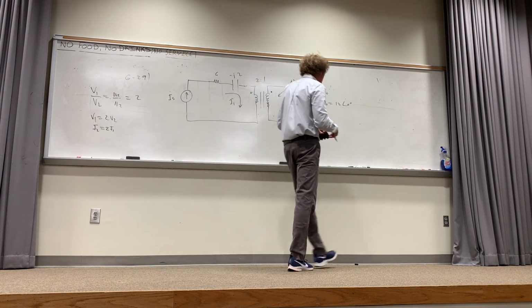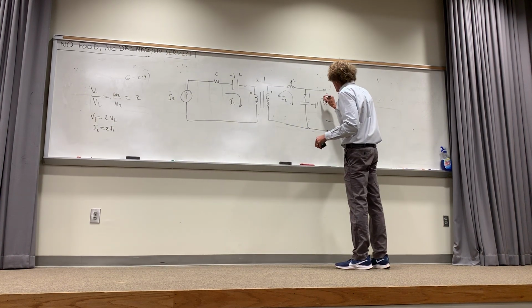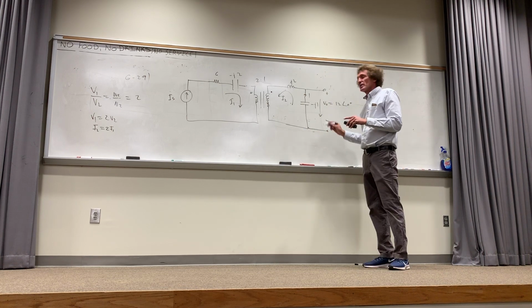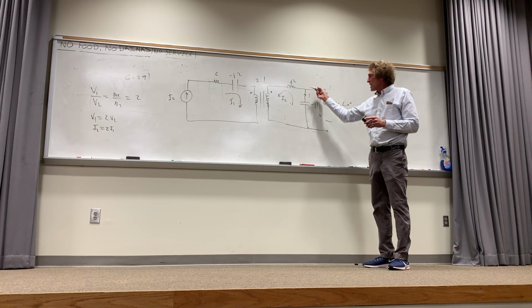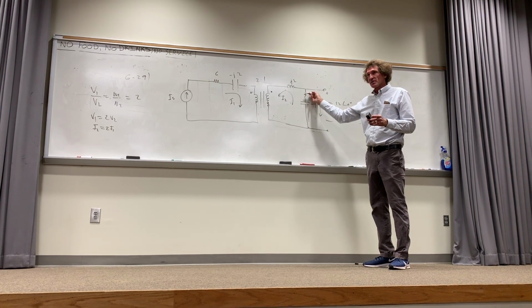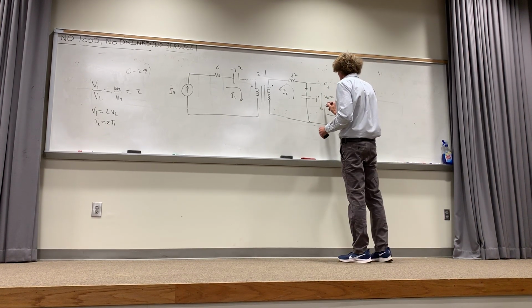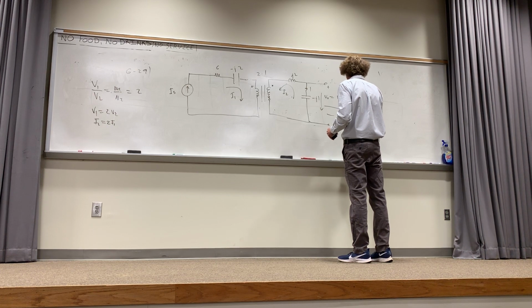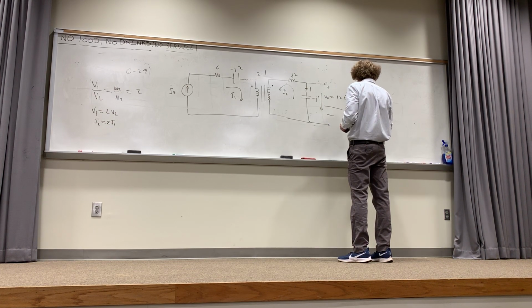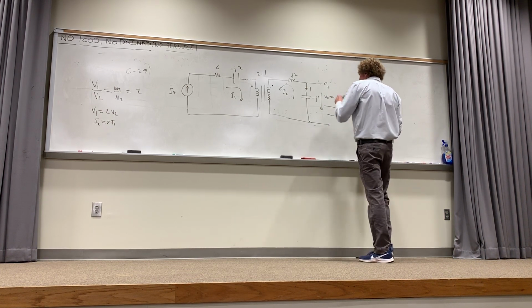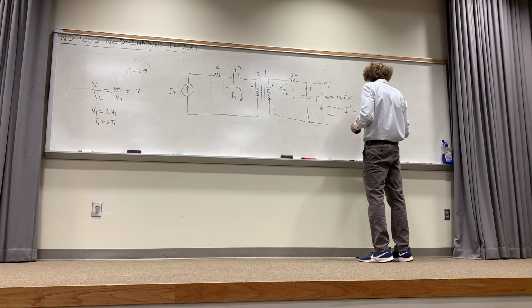Now, coming over here, you all see that we can get the current flowing here. That is not I2, but can we get that current? We've got a voltage across an impedance. What is this current right here? I'll just call it I prime. That's going to be equal to 12 at an angle of 0 degrees divided by 1 minus J1, right?